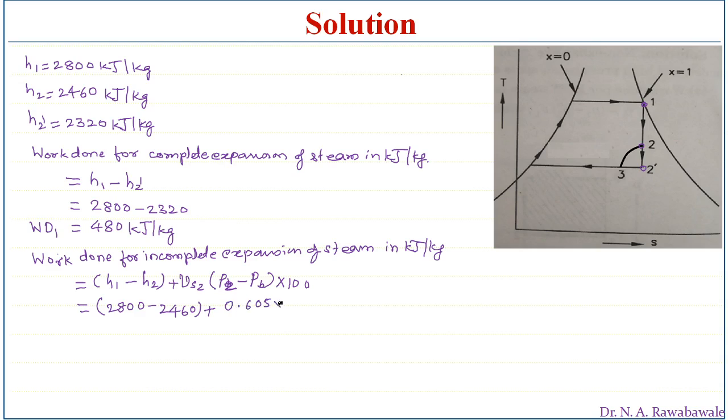0.05 into P2. The pressure at point 2 is 3 bar minus 1.1 into 10 to the power of 5. Actually the pressure is in bar.